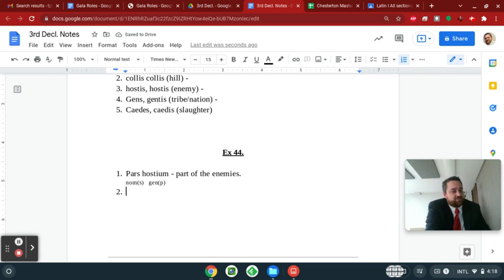Let's do number 2. Again, on page 44. Nope, page 45. Propter caedem gentium. Okay, so propter is not a noun, so it doesn't need an answer down here. It doesn't need us to tell what case it is. But propter is a preposition.